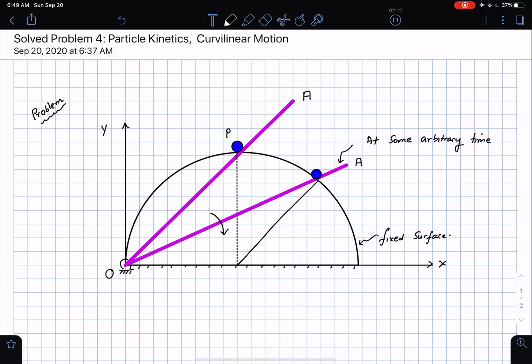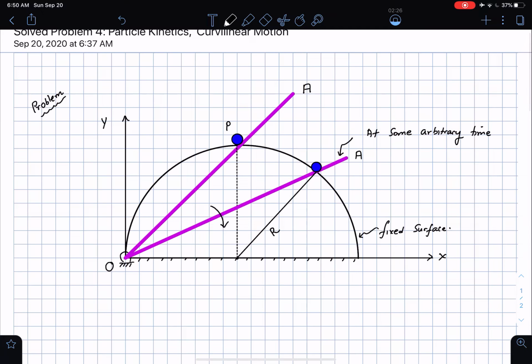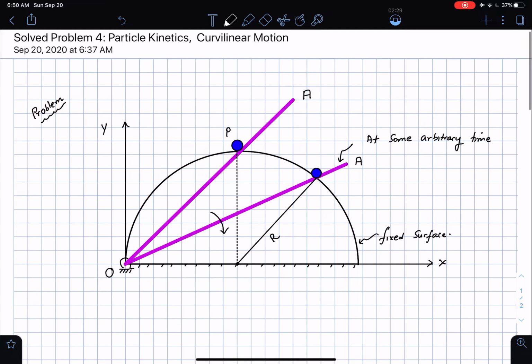Let me say that the radius of this semi-cylindrical surface is a constant value, capital R. Okay, so let's say that R is the radius of this surface, and here is also where the center of that semi-cylindrical surface is. Let me call this angle here, starting from here all the way down to there, an angle phi. And let me call this angle here an angle theta.